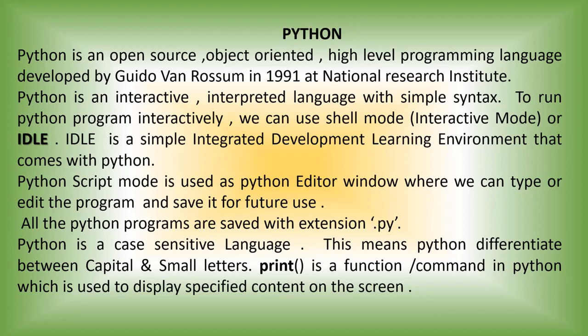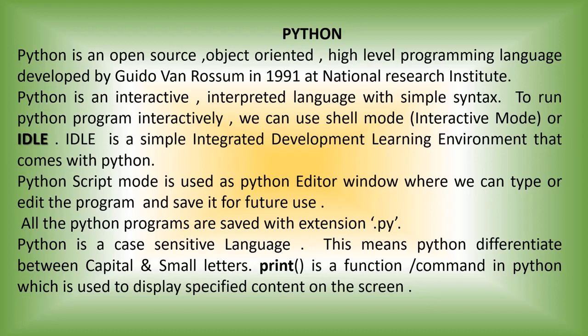Python is an interpreter. In the last class we studied about compiler and interpreter, and what the difference is between them. A compiler will compile the entire program all together, the whole program, and after that it displays the error messages.